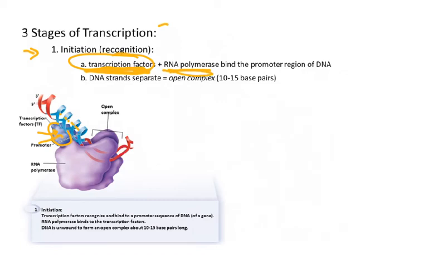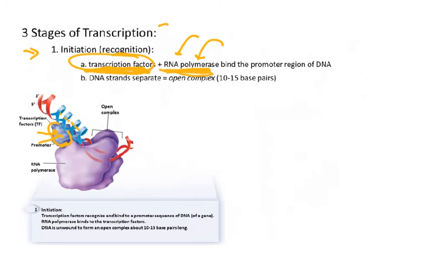It uses the transcription factors to dock with the gene, or to dock with the DNA. RNA polymerase is a good name because it's going to make polymers from RNA nucleotides. So RNA polymerase sounds a little bit like DNA polymerase because it's going to be doing the same job.